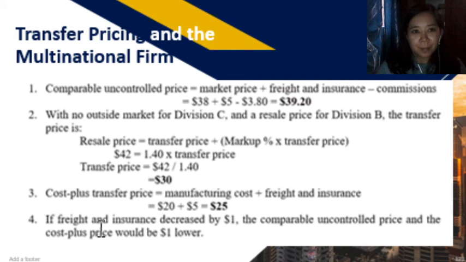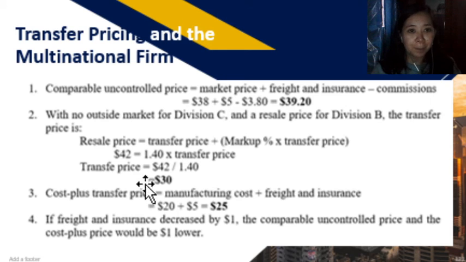Okay, so to analyze the comparable uncontrolled price, or the market price, we will add the freight and insurance and deduct the commission. So the comparable uncontrolled price, or the market price, for this transfer is $39.2. Number two, what if there is no outside market for Division C, and there is a resale price for Division B? The transfer price will be set as follows.